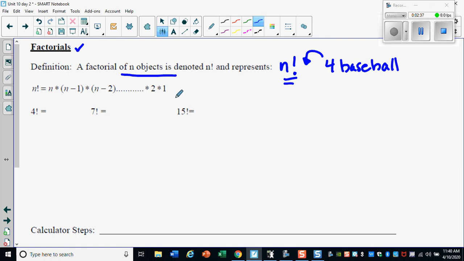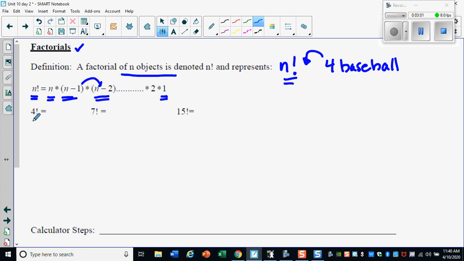So what that exclamation point is telling you to do is basically you're going to take whatever number you have and you're going to multiply it from the biggest number all the way down to 1. So n factorial means you're taking n minus 1, which is the number 1 less than that, n minus 2 is the 1 less than that, all the way until you get down to 1.